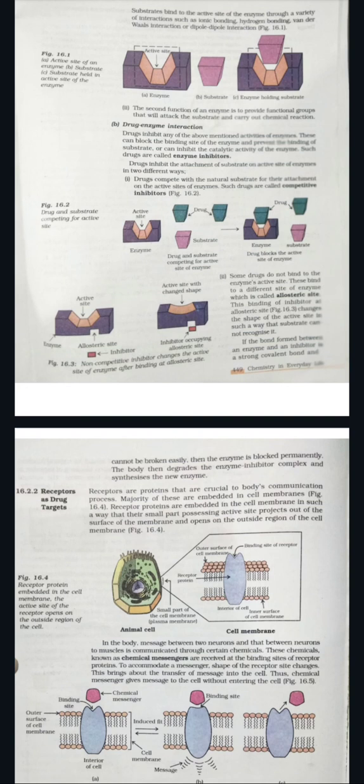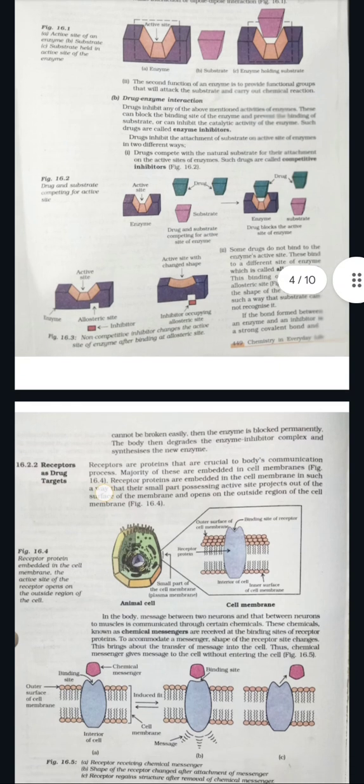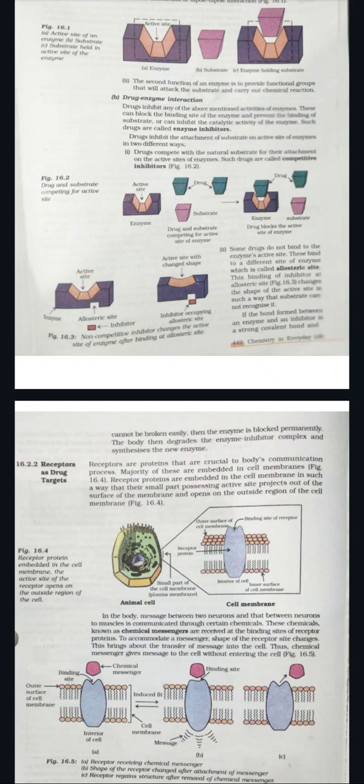Receptor as a drug target. Receptors are proteins that are crucial to body communication processes. Majority of these are embedded in the cell membrane in such a way that their small part possessing the active site projects out of the surface of the membrane and opens on the outside region of the cell. In the body, messages between two neurons and those between neurons and muscles are communicated through certain chemicals.